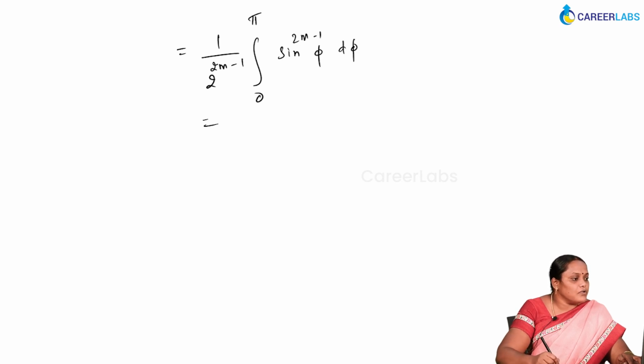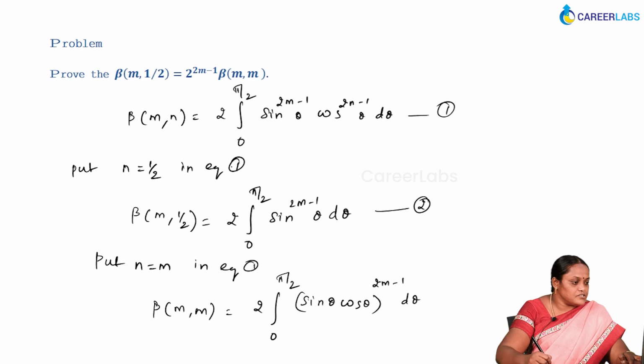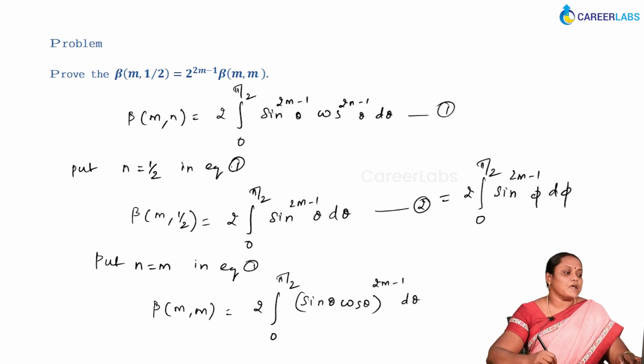So this is also equivalent to 1 by 2 to the power 2m minus 1, 2 times integral 0 to pi by 2 sine to the power 2m minus 1 phi d phi. So now we already have the result. This you can also write as 2 times integral 0 to pi by 2 sine to the power 2m minus 1 phi d phi, both are the same. So in place of this term, we can replace it by beta of m comma half.